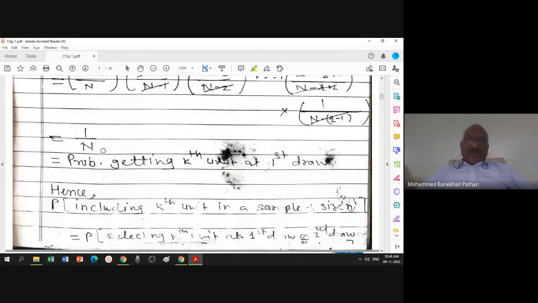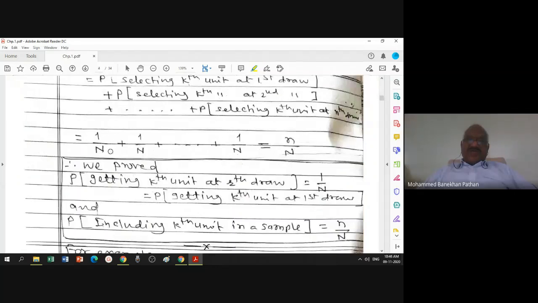Here we proved that selecting the kth unit at the first or at any draw is 1 by N. So this is nothing but 1 by N plus 1 by N plus and so on plus 1 by N, and that is nothing but small n by capital N. So what is the understanding from this? It is the chance of inclusion of the kth unit in the sample of size small n.